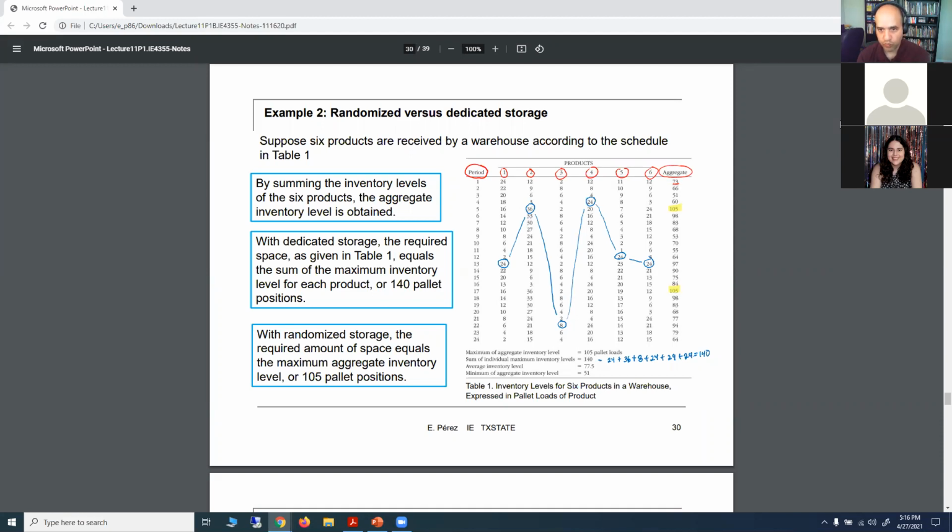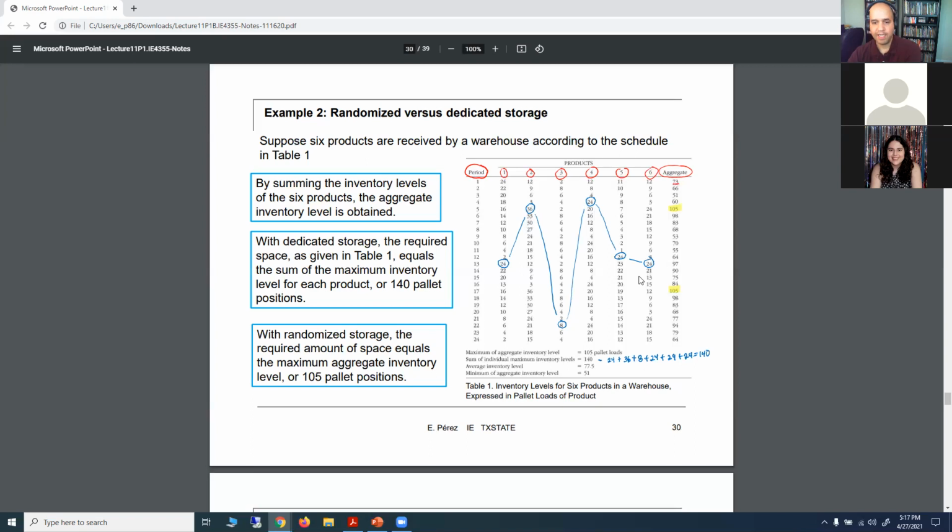So we are going to be looking for the maximum quantity for each product over all the time periods. For example, for product number 1, I'm looking for the highest value that I observed for that product, and that will be 24. For the second product, that will be 36. For the third product, that will be 8. For the fourth product, that's 24. For the fifth product, that's 24. And for the sixth product, that's 24.